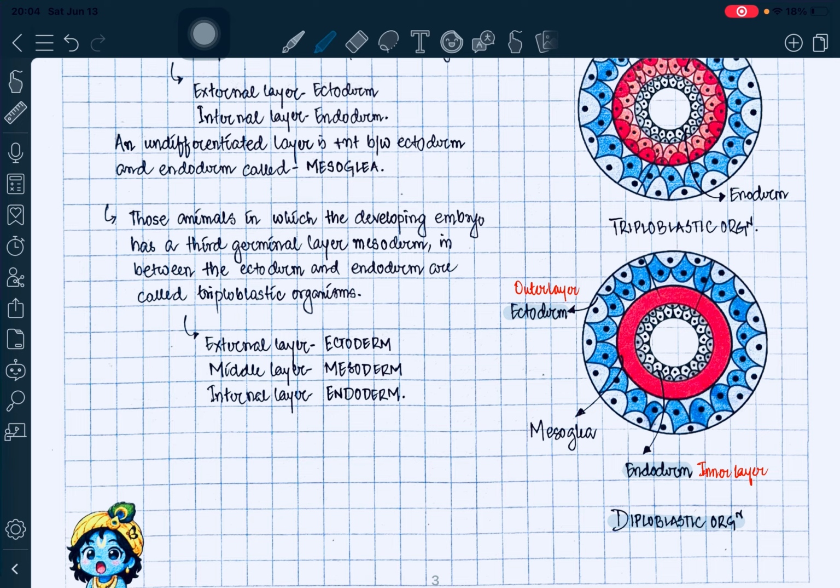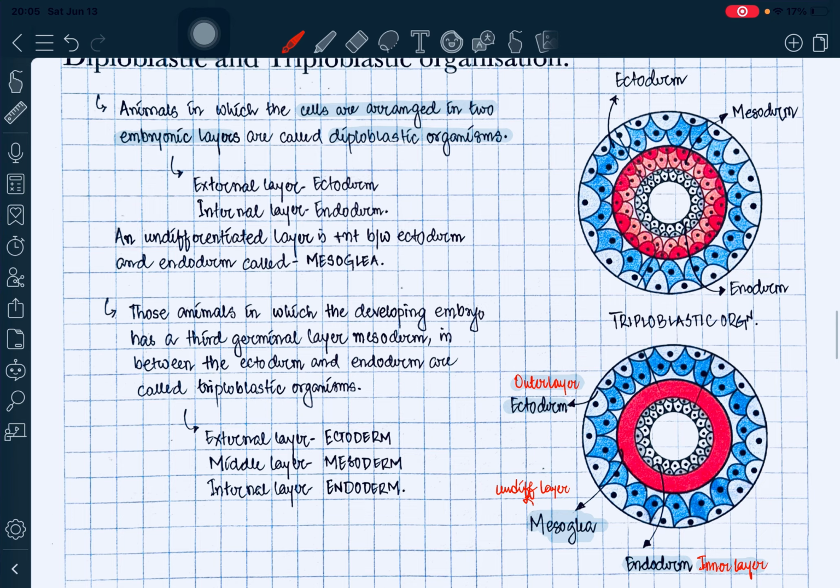These two layers are separated by an undifferentiated cellular mass that is called mesoglea. So mesoglea is an undifferentiated layer that is present between ectoderm and endoderm, as written here.